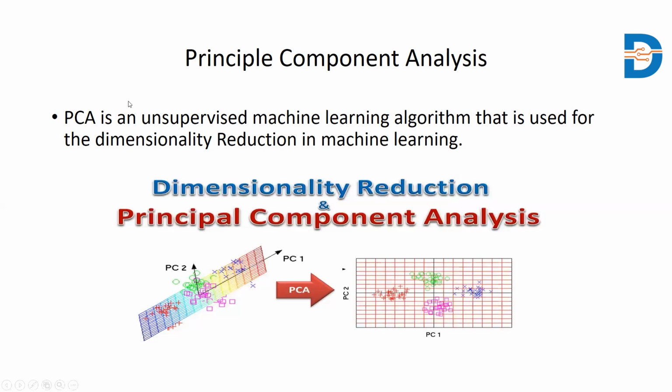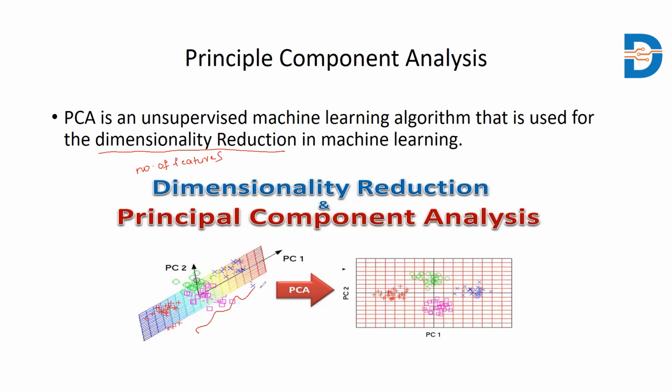PCA is an unsupervised machine learning algorithm that is used for dimensionality reduction in machine learning. Dimensionality reduction means reduction of the number of features. Observe from the diagram, I have PC1, PC2.